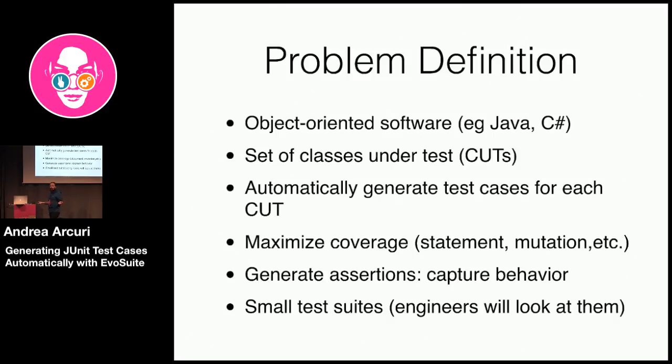And you might want to add them to your repositories like Git and so on. You don't want to have millions of extra files there, because it also will increase compilation time. So the idea is that you want to generate test cases that try to maximize some criteria, like code coverage, and then you want to add assertions, and you want them small. You don't want millions of test cases.